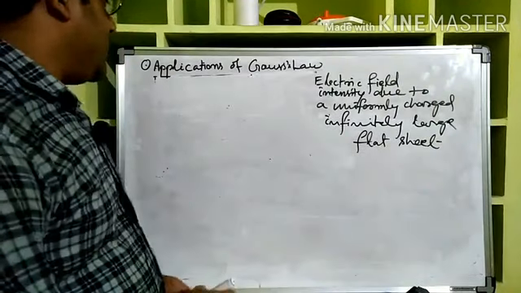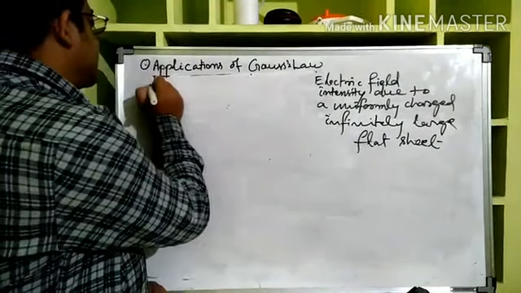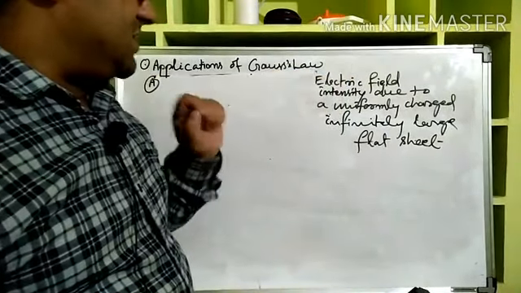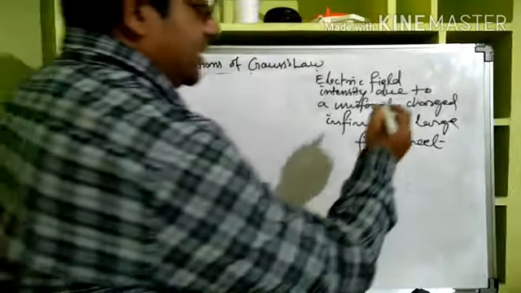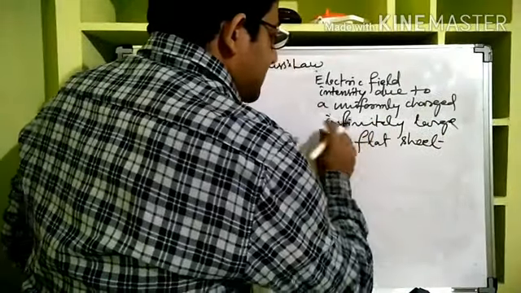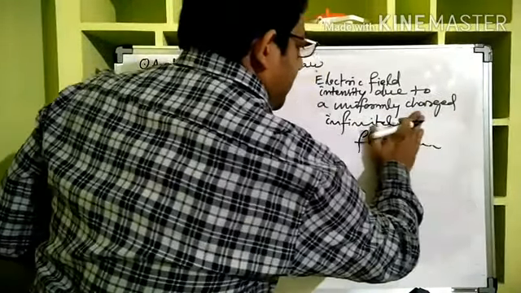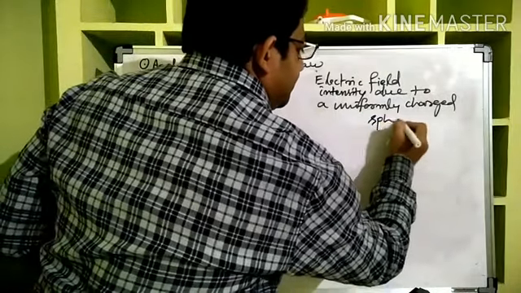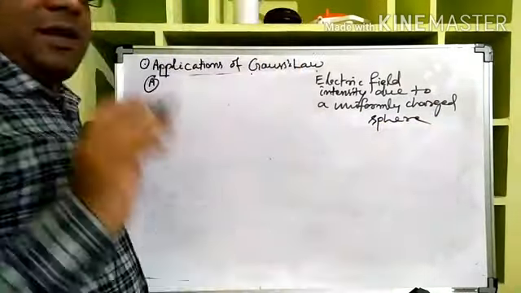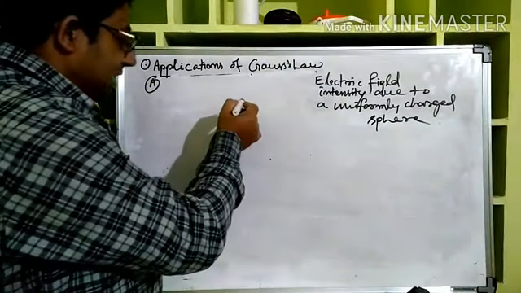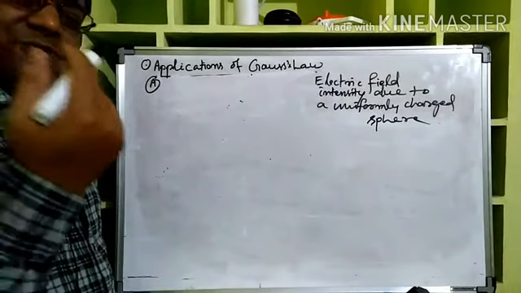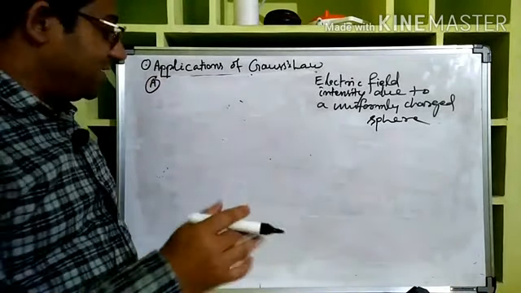Okay, so we are taking up the very first application, that is electric field intensity at any point due to a uniformly charged sphere. Now listen very carefully. Understanding is so important that after that many numericals etc. we can do very nicely if the understanding is very clear in mind.